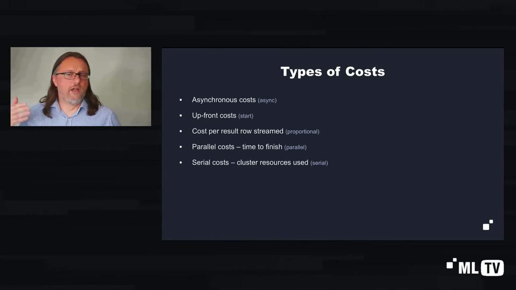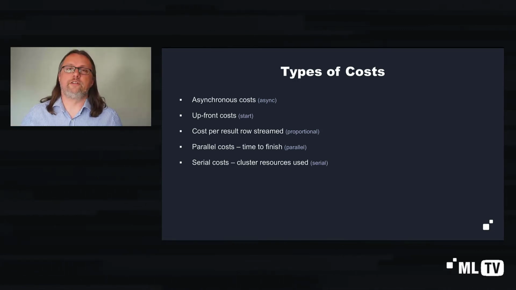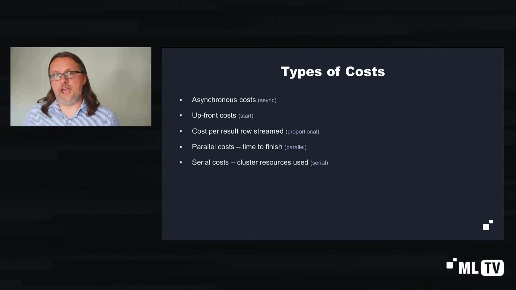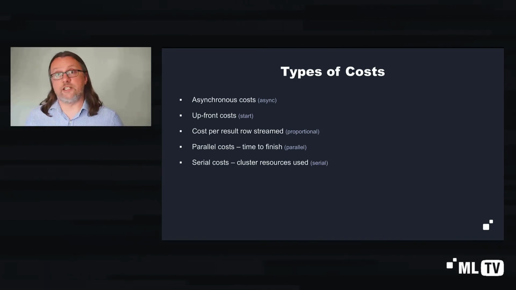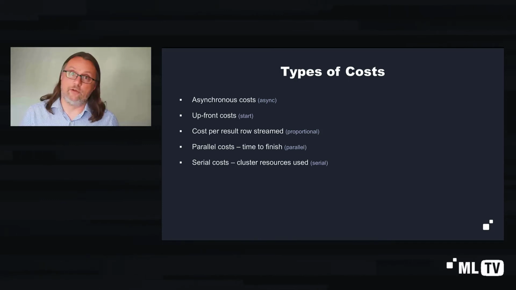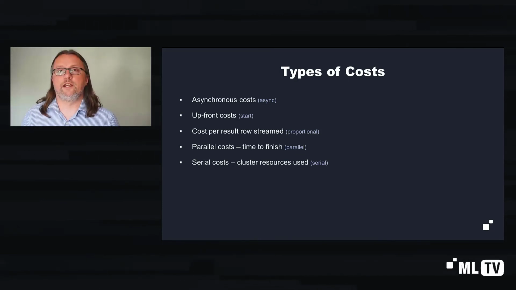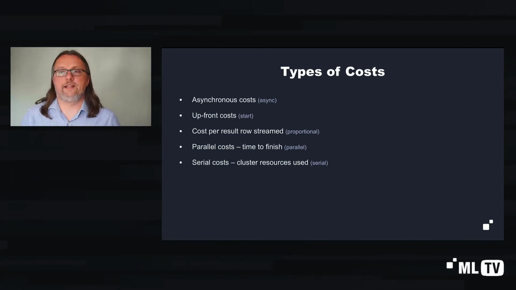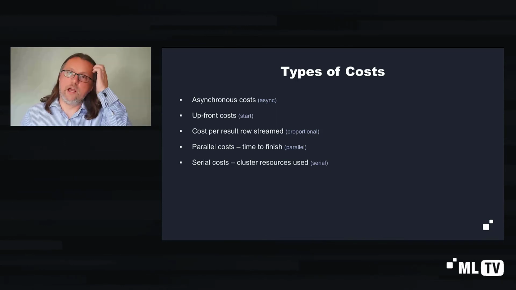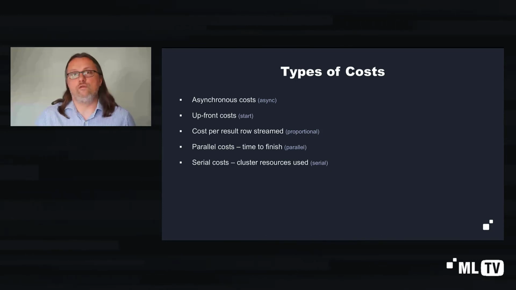We also have upfront costs. Those are things like building hash tables. If we have to build a hash table for a hash join, then the table needs to be built in its entirety before we can really return any results from the query. Okay, so upfront costs, start costs, need to happen before any results come back. Then we have a cost per result row streamed.